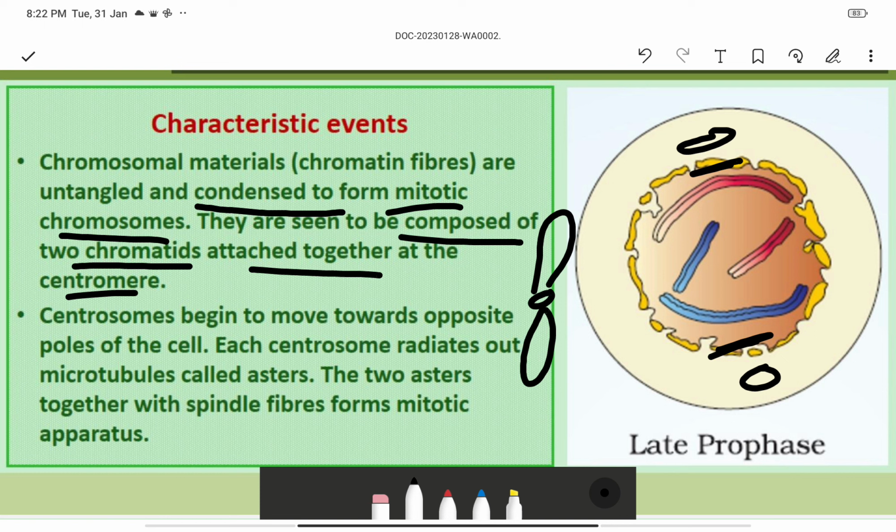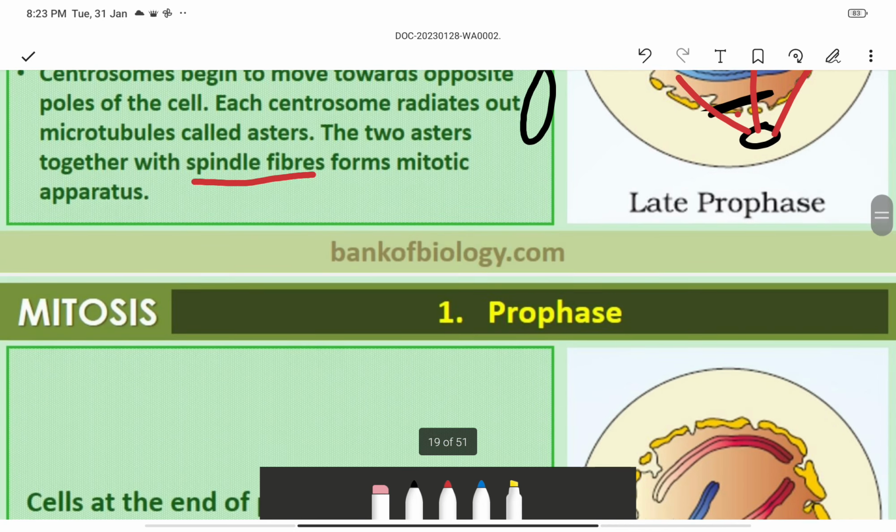It forms thread-like structures which we call microtubules, which are nothing but spindle fibers. These together are called the mitotic apparatus. This is the main character of late prophase.